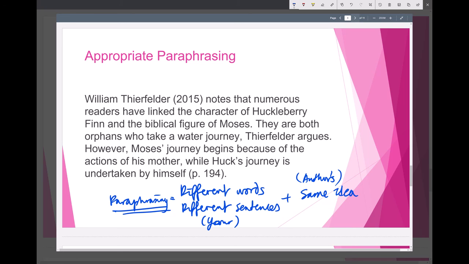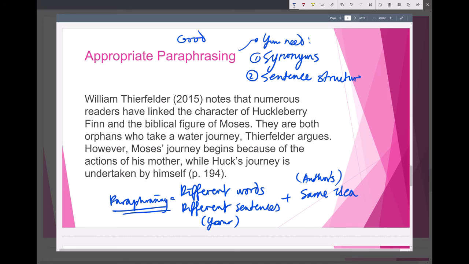Now, this is difficult because for good paraphrasing, you will need a strong background knowledge of synonyms, and you would need skill in changing sentence structure to do this. The more skillful you are, and the more words you know, the better your paraphrases will be.